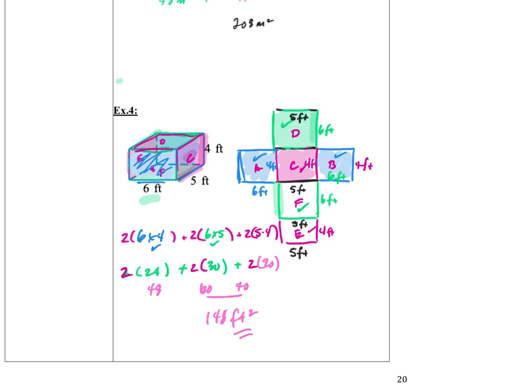And if you look, you also have another way to look at this, because in reality, you could say, oh, look, I have one big rectangle. And that one big rectangle is 5 feet wide and 20 feet. From here to here would be 20 feet long. Plus I have the two here that are 6 by 4s.